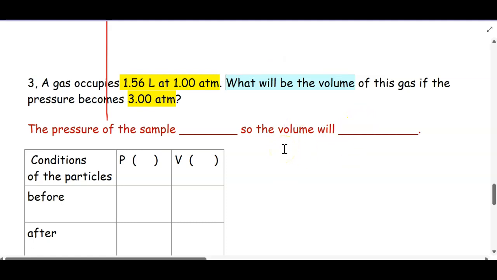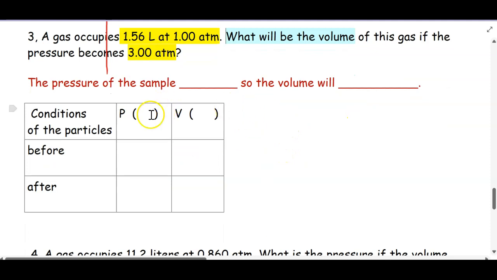Now what I'd like you to do is figure out what is the unit of the pressure. All right, and we'll go in the problem. There's 1 atmosphere here and an atmosphere here. So go ahead and put atmosphere as the unit of pressure.